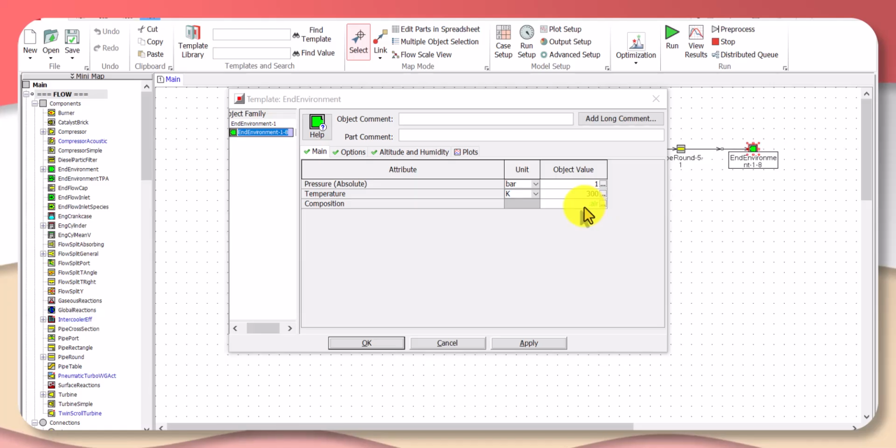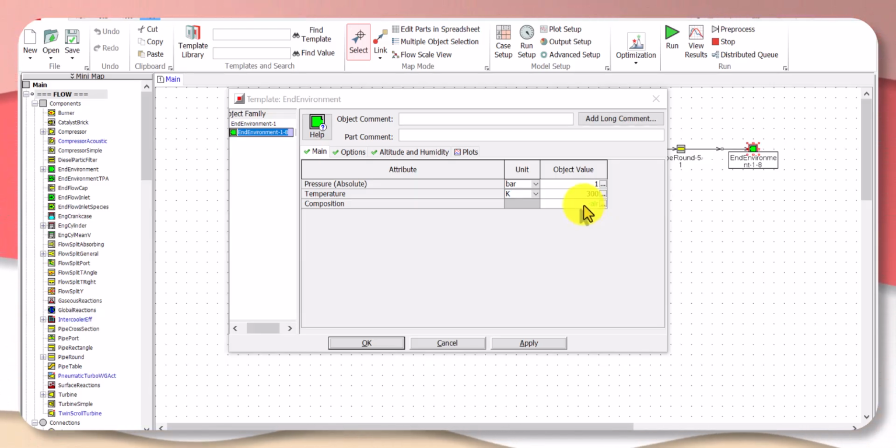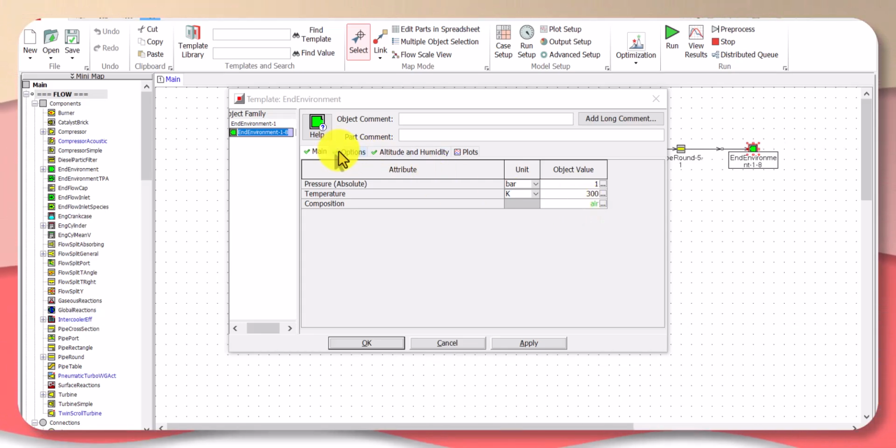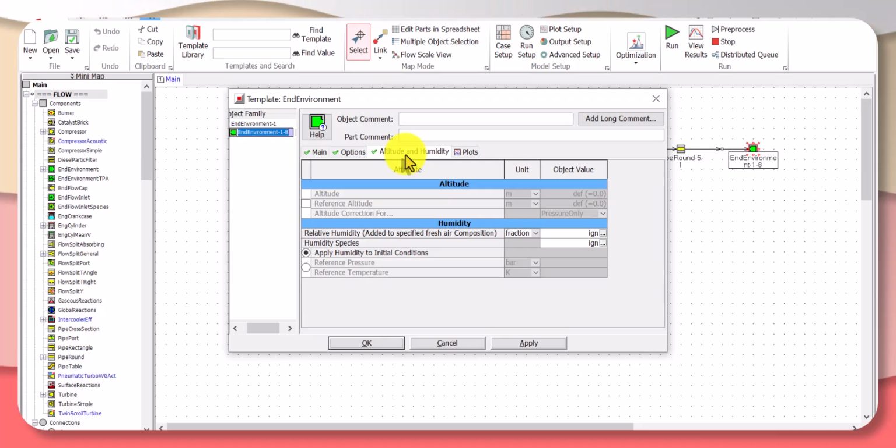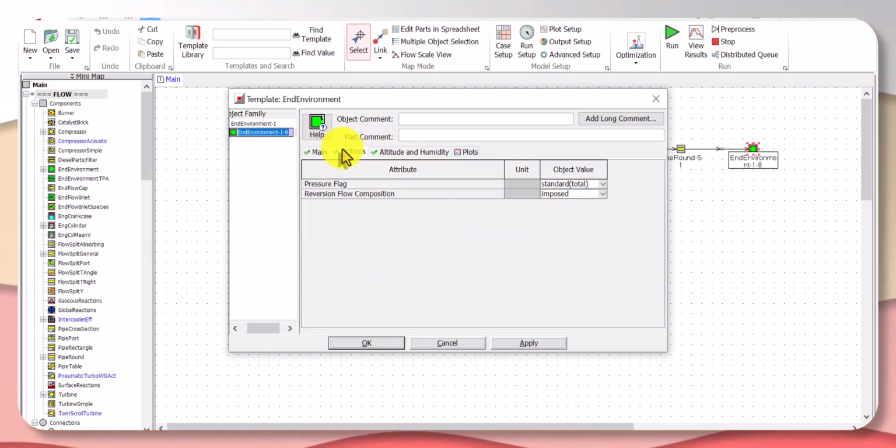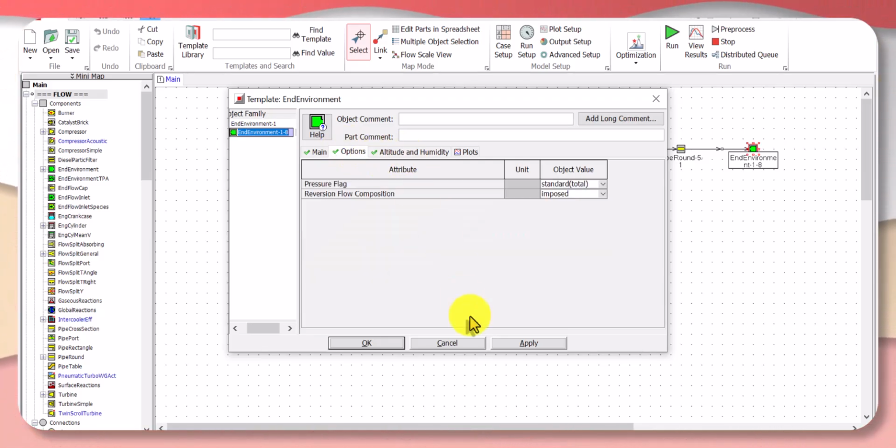For example, the composition of air, intake temperature and pressure, humidity and altitude, or other items.